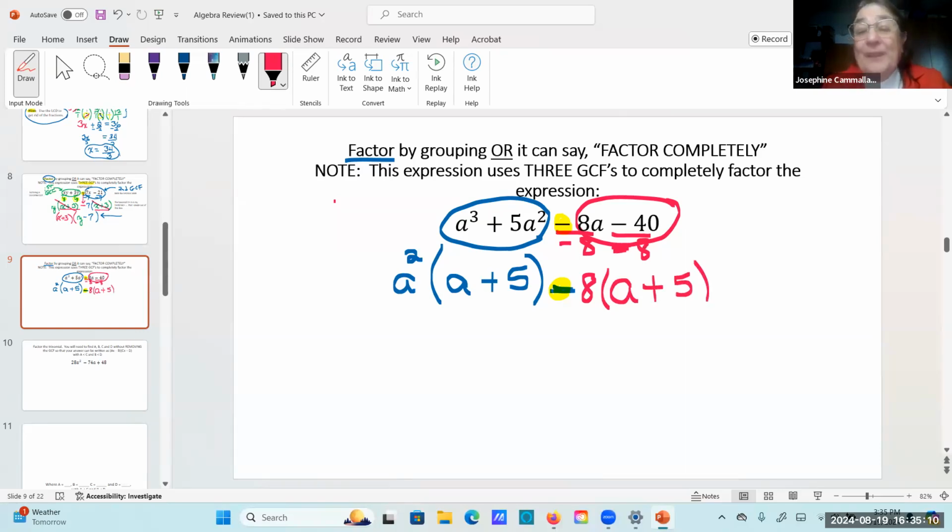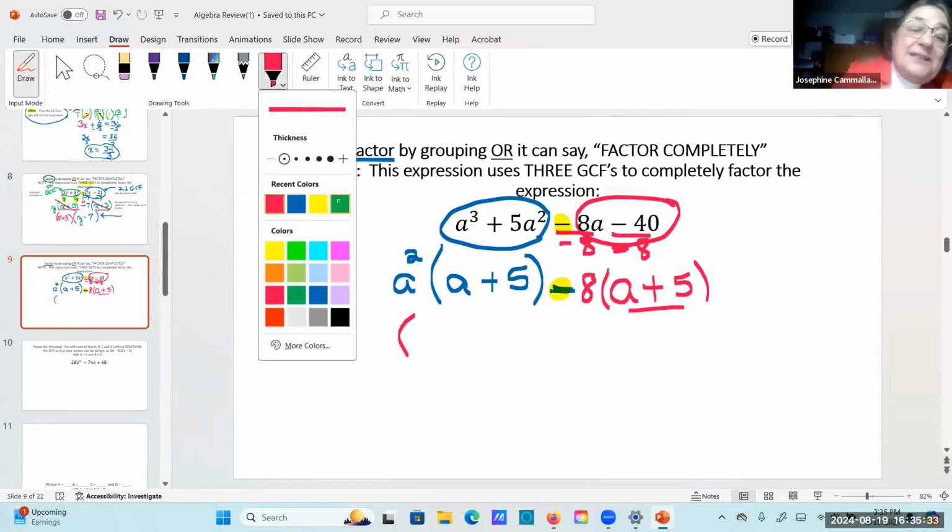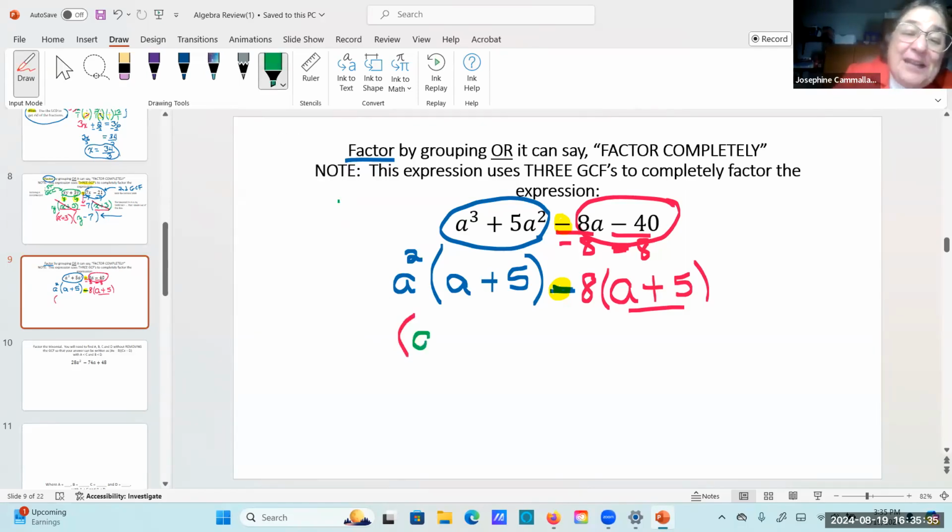Okay, Haley. No, it's not going to be a plus 5, a minus 5. If you get two different ones, if this red one had a negative sign, you can't factor. Aiden, yes, you got it. This is going to give you a plus 5.